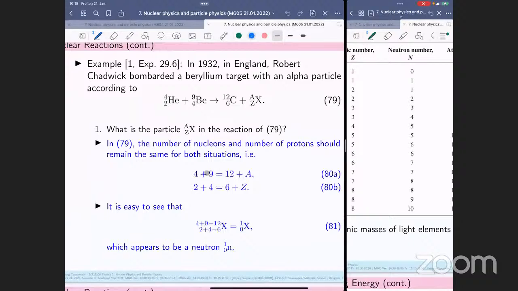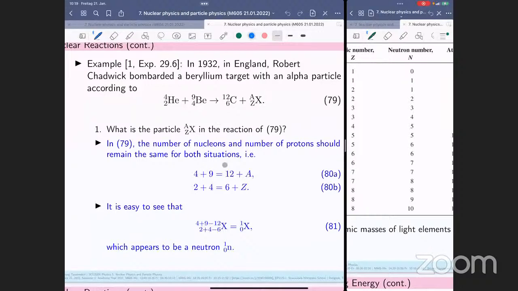So we have 4 plus 9 on the left-hand side, that's the number of nucleons. On the right-hand side, it's 12 plus A, which means A is unknown, the number of nucleons remaining for the X particle. That's the upper part, the number of nucleons, number of protons plus number of neutrons, right?